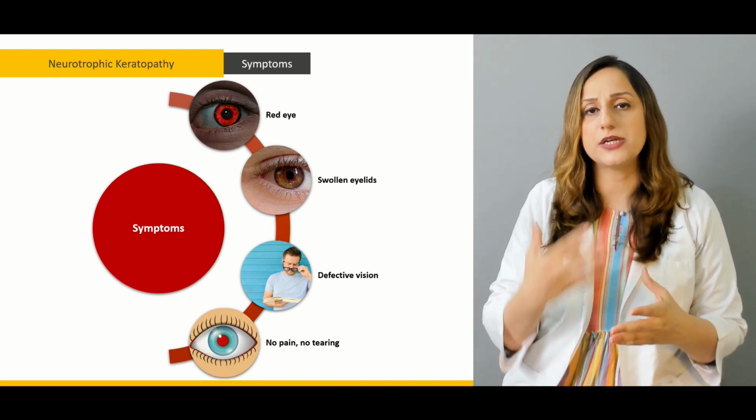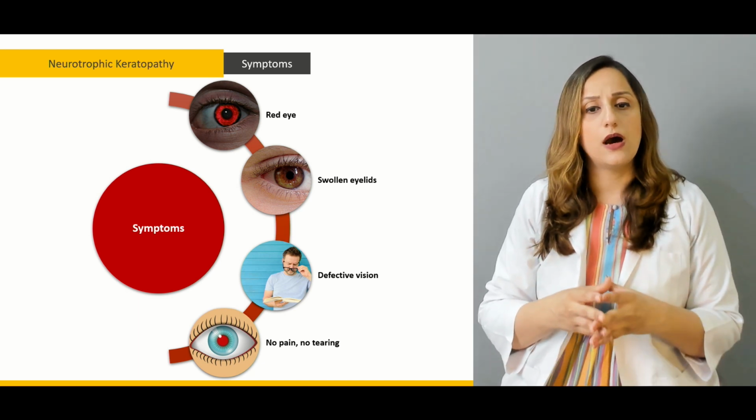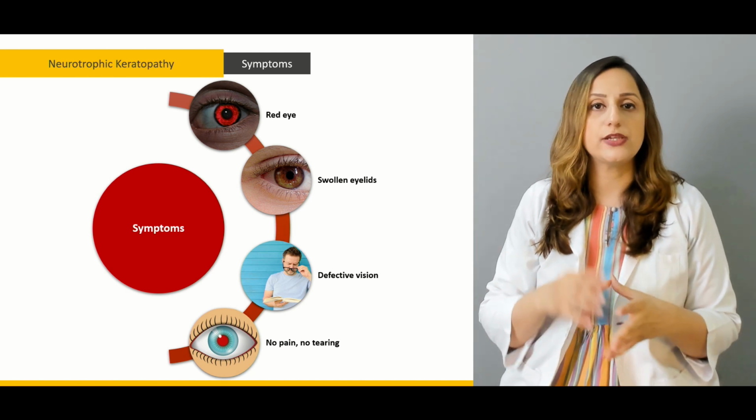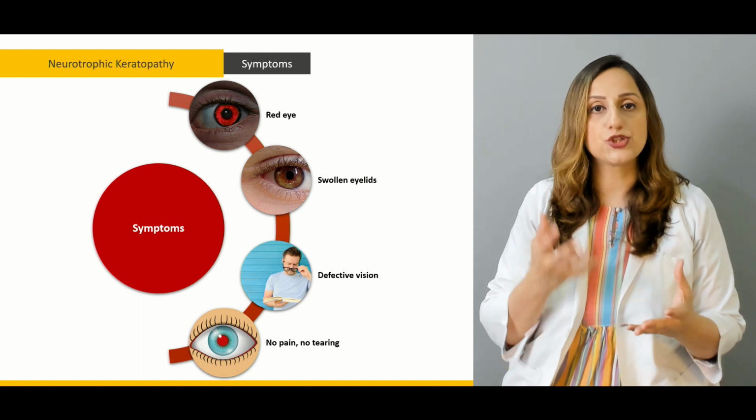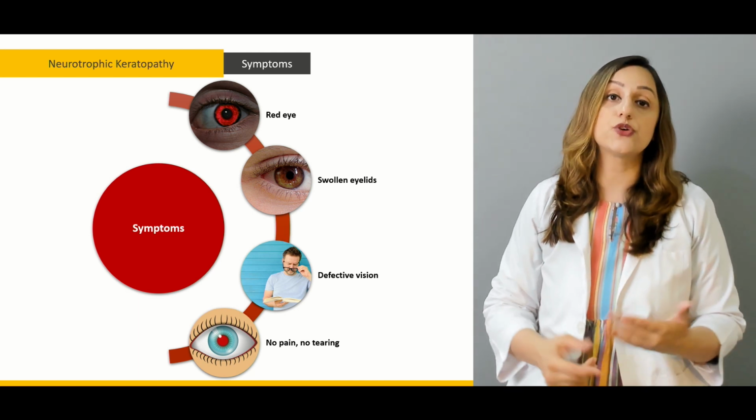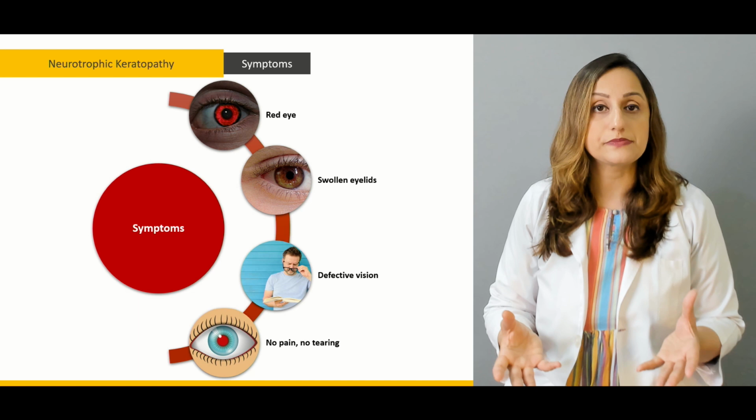Whenever you have patients with decreased vision, swollen eyelids, red eye, and you can see ulcerations on the cornea, you don't know for sure whether it is an infective state or a degenerative state.